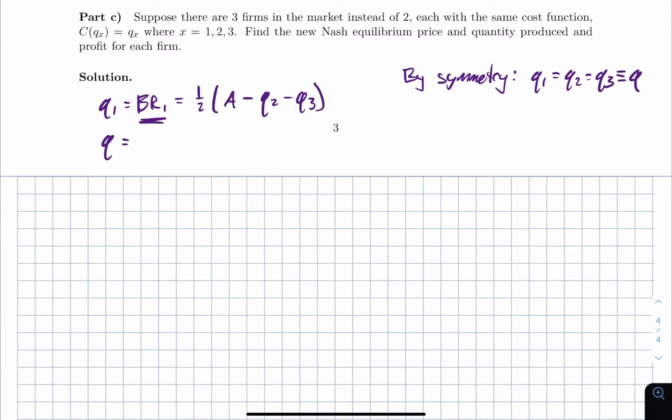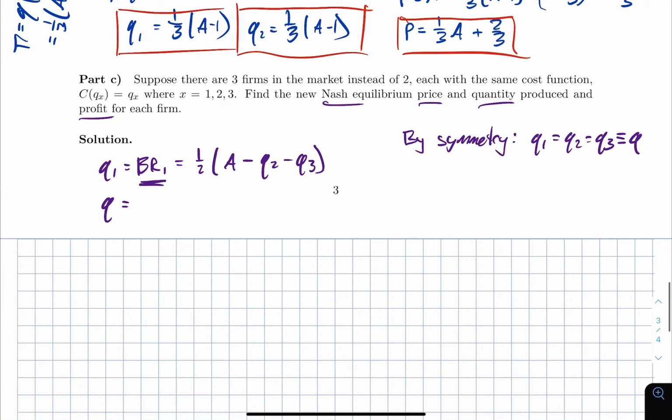So here, we just plug in Q for each of these quantities, which gives us Q is equal to 1/2 A minus 1/2 times 2Q.